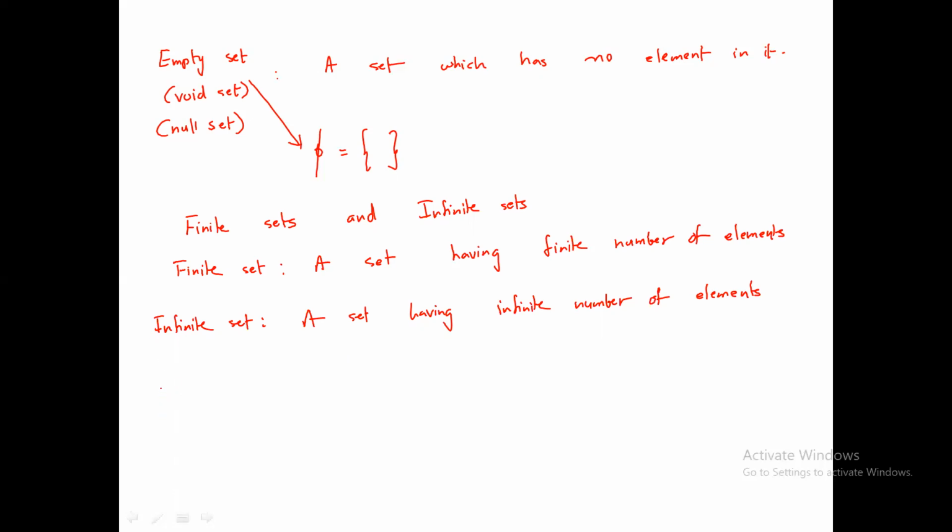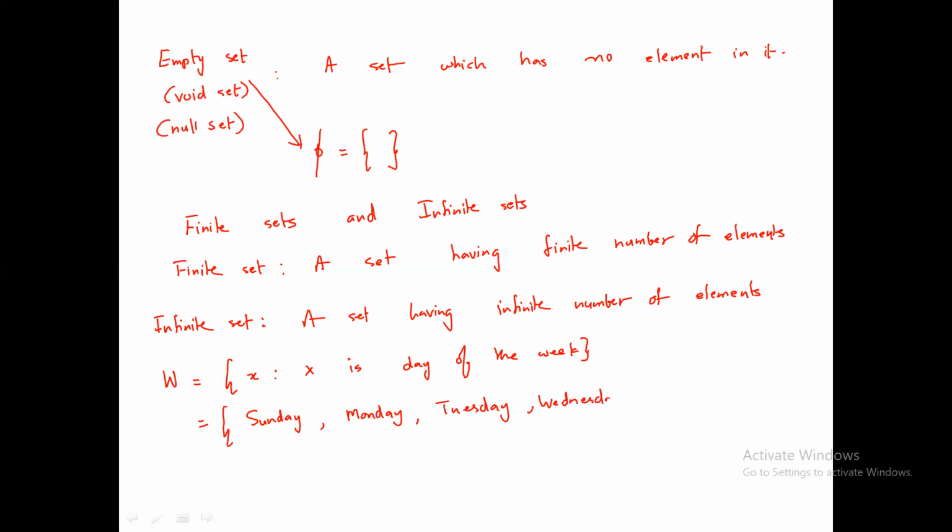Let us take examples for finite set and infinite set. For example, W is a set which has X such that X is day of the week. So day of the week means it can be Sunday, Monday, Tuesday, Wednesday, Thursday, Friday, or Saturday.